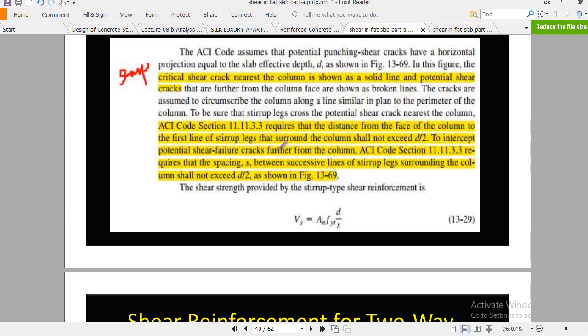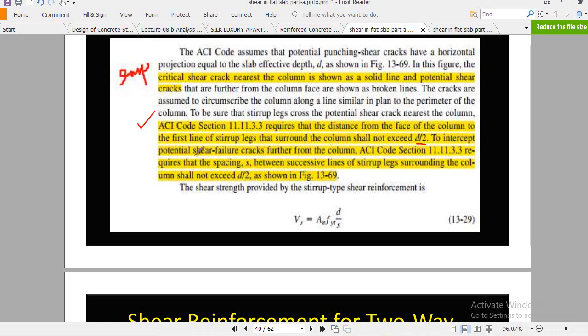The other thing is that here it explains the spacing of the studs. It suggests that the stirrup legs that surround the column shall not be spaced more than d by 2, to intercept potential shear failure cracks further from the column.